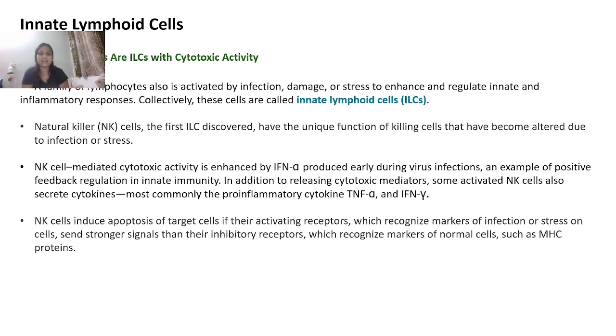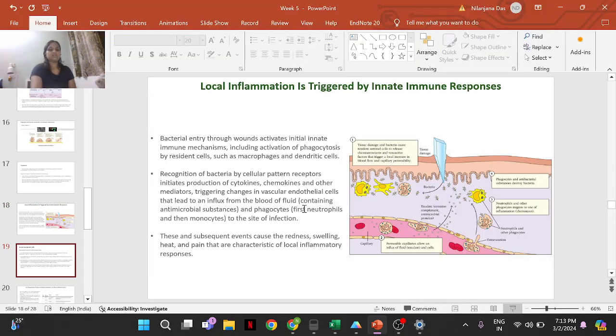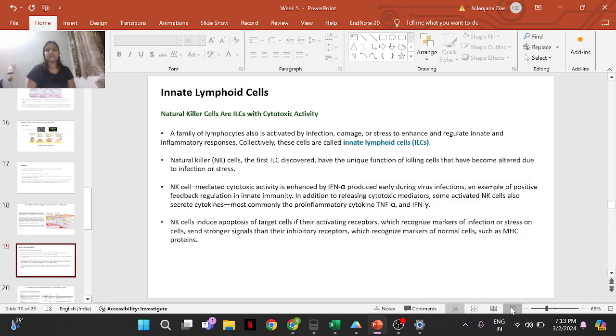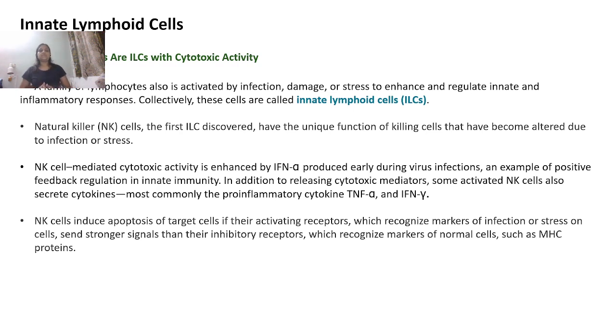with cytotoxic activity which will kill cells that have become altered due to infection or stress, or even cancer causing cells, which it can kill directly. They are also known to produce interferon alpha and different kinds of cytokines by which they mediate their function, mostly TNF alpha and IFN gamma.